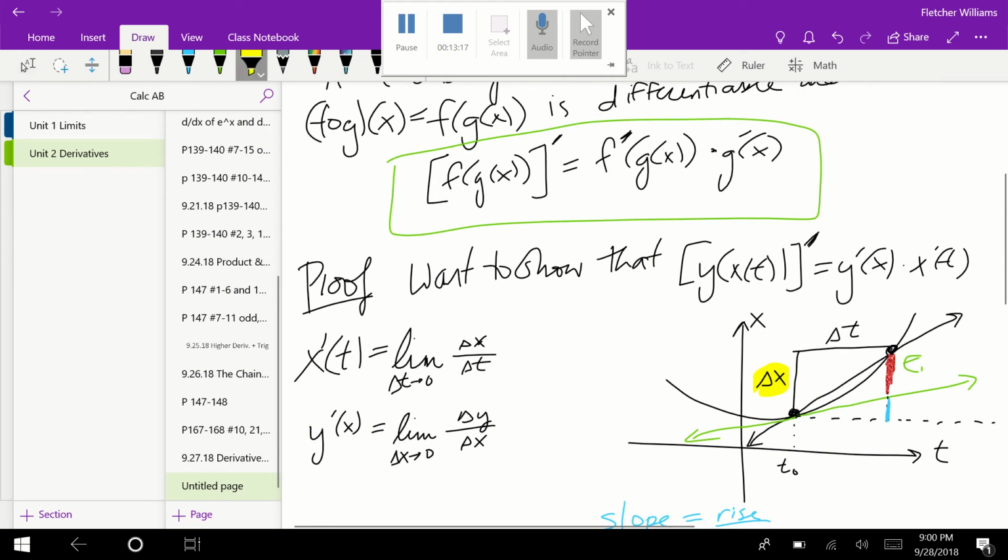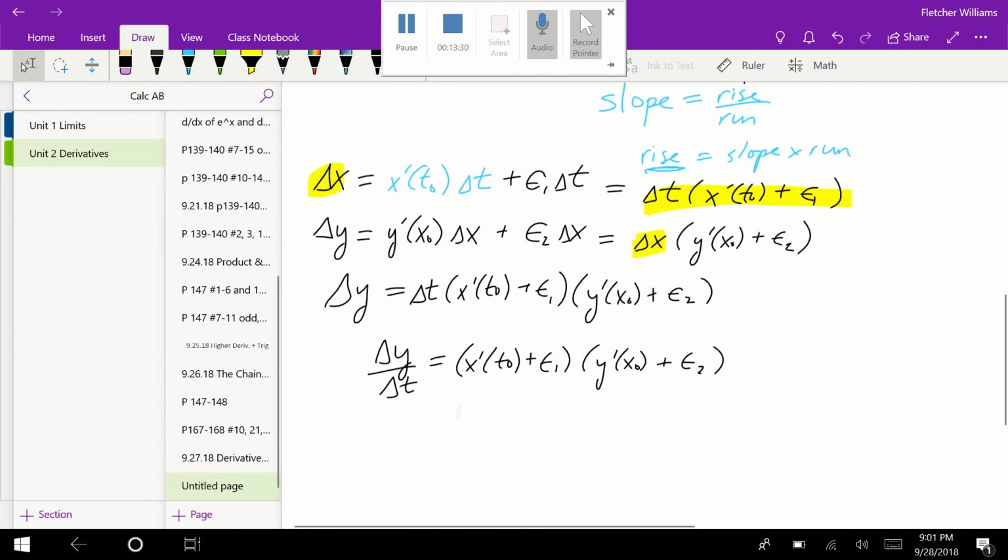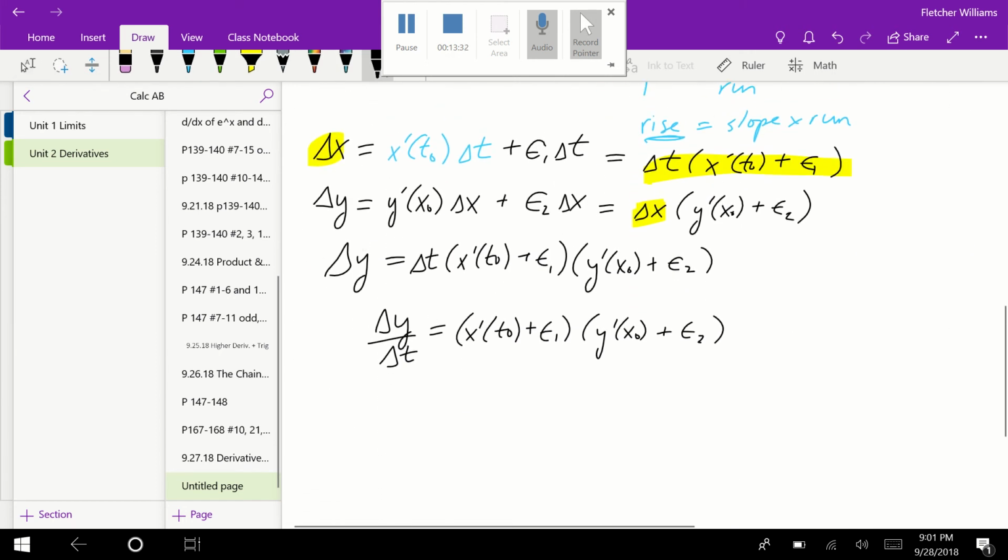That's what I was trying to get ultimately in my first derivative part of the proof. I'm trying to take the derivative of y of x of t. So it's a derivative with respect to t. So now to do that, it's as simple as taking the limit of delta y over delta t. So y prime with respect to t is the limit as delta t goes to 0 of all of this stuff.